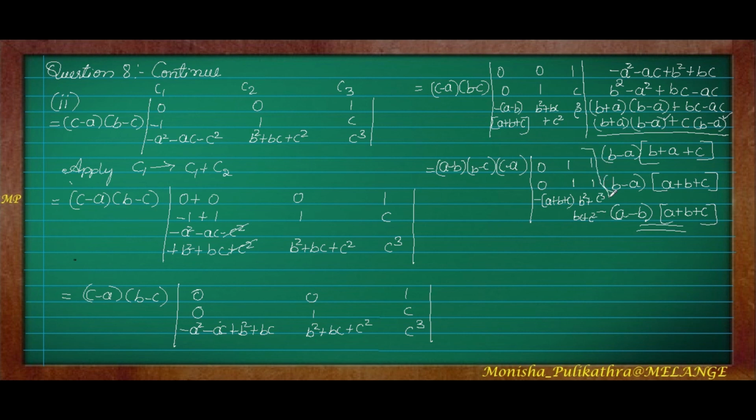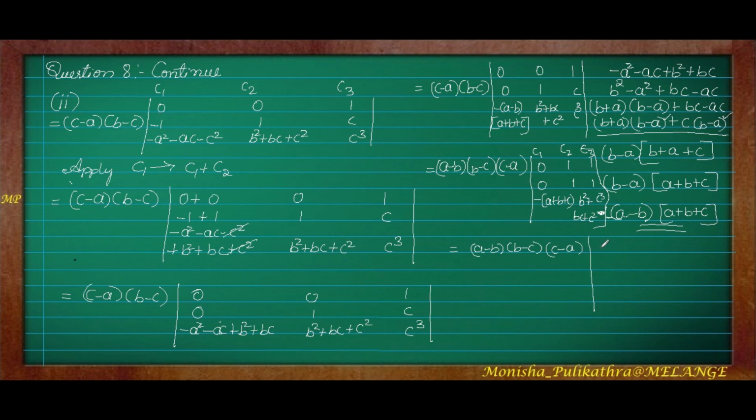I have written it a little congested, I think. Here it is minus. See here, don't get confused. This is column 1, column 2, column 3. Column 1 is up to here, column 2 is 1, 1, B square plus BC plus C square, and column 3 is 1, 1, C cube. Just write it carefully. So the remaining we obtain is A minus B, B minus C, C minus A. I will write it once again.